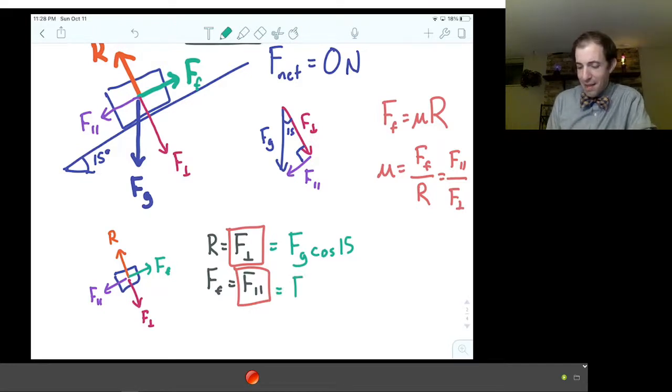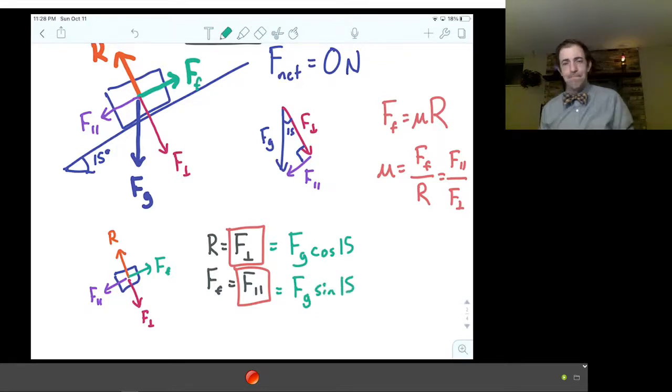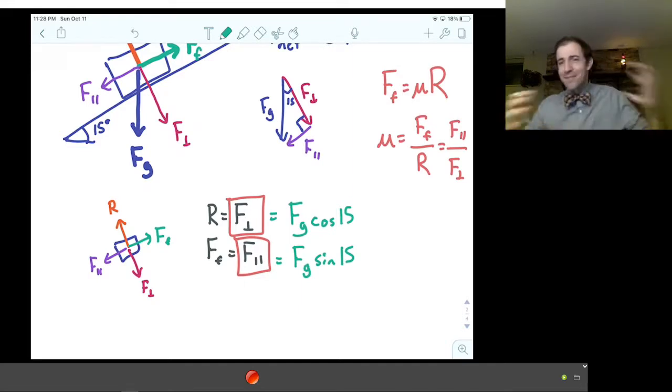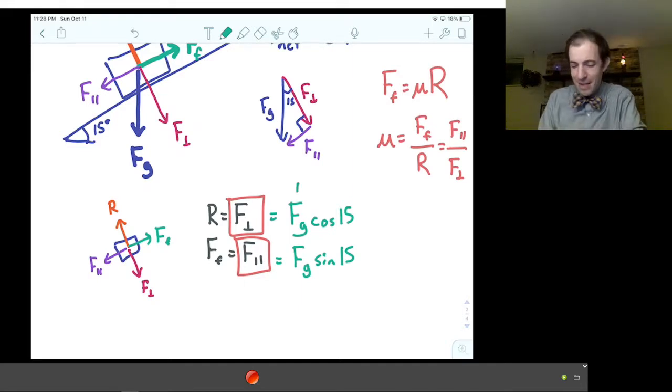F parallel then is Fg times the sine of 15, which means that if I plug this in, I don't actually need to know mass. I could combine or simplify this further and say Fg is just mass times gravity.